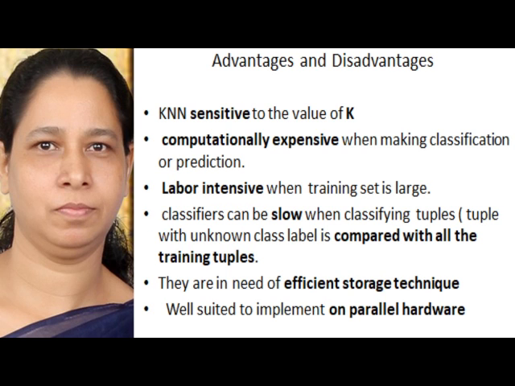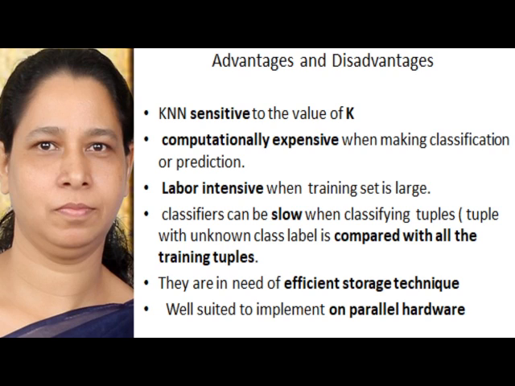Now coming to the advantages and disadvantages of the k nearest neighbor algorithm. K nearest neighbor is one of the simplest classification algorithms. It is sensitive to the value of k. Lazy learners can be computationally expensive when making classification or prediction. They are labor intensive when the training set is large.